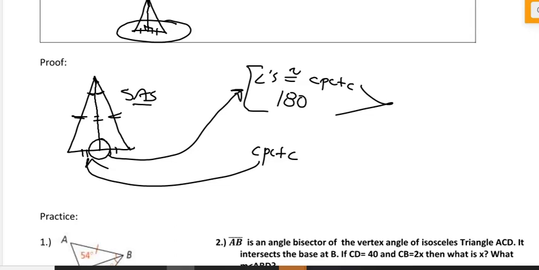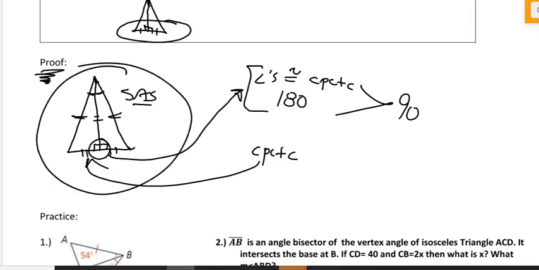What is the only way that two angles can be congruent and add to be 180? 90 degrees. So we now know that those are 90 degrees. We're not writing out a two-column proof, we're thinking through it. So by SAS, the two triangles are congruent. Therefore, by CPCTC, the sides are congruent, and those are right angles also using CPCTC.